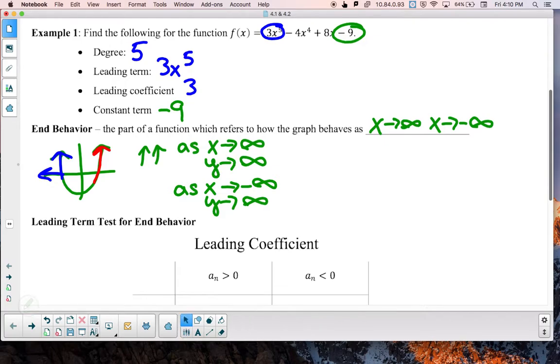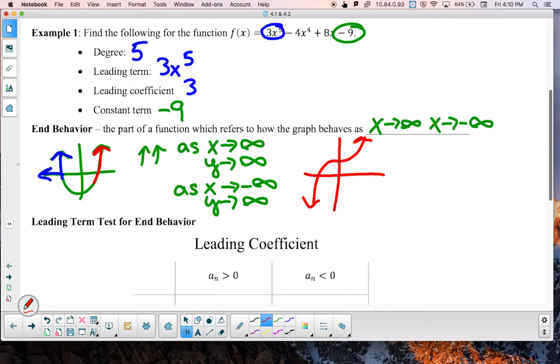If we have a graph that looks something like this, then we would describe it as down, then up.